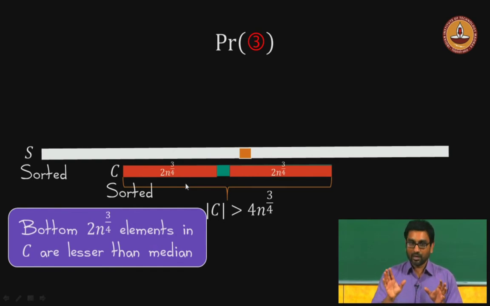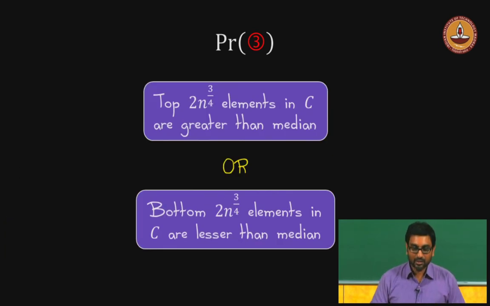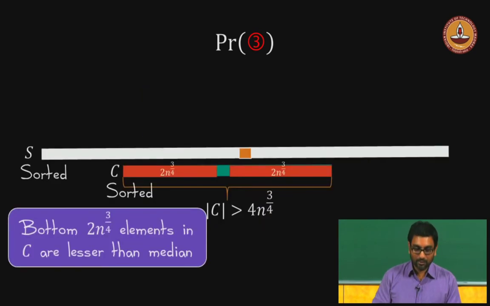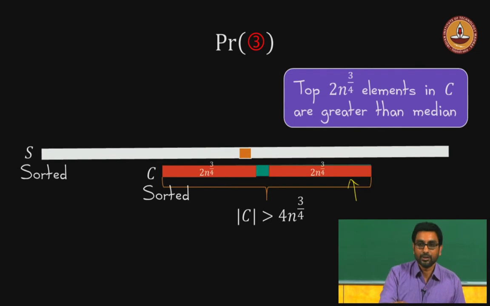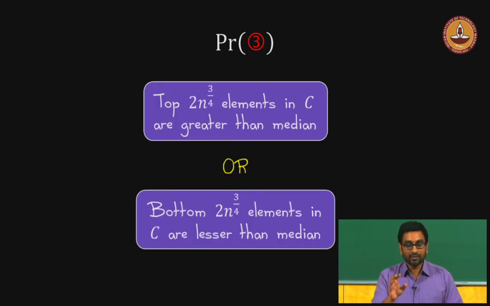So, there are these 3 possibilities, but the best way to capture it is that at least one of these two things will happen if the bad event happens: either the bottom part is completely to the left, or the top part is completely to the right. So, basically the third event can be broken into 2 smaller bad events, and these are again symmetric bad events.